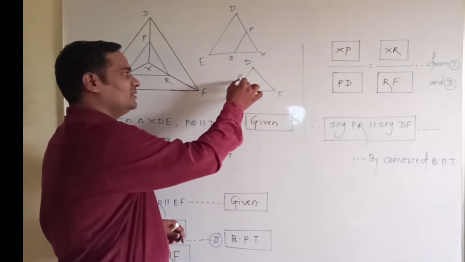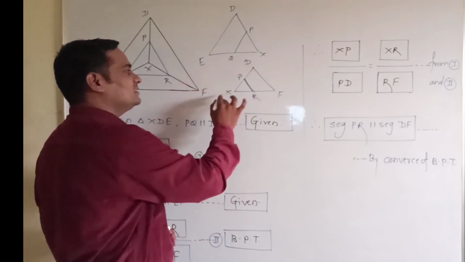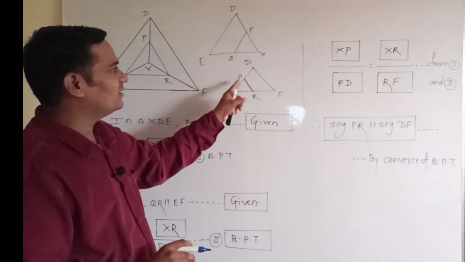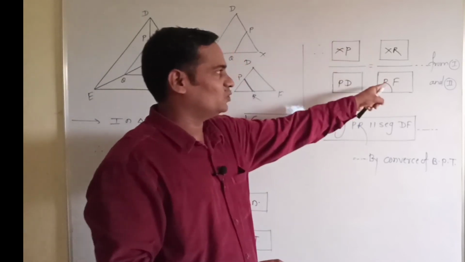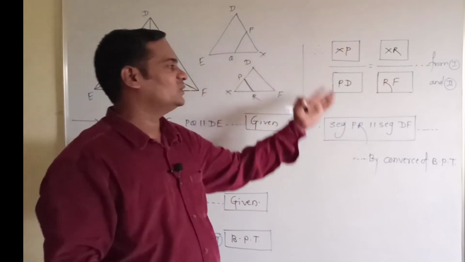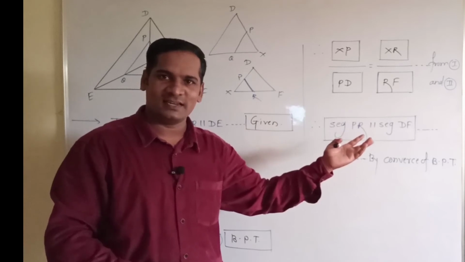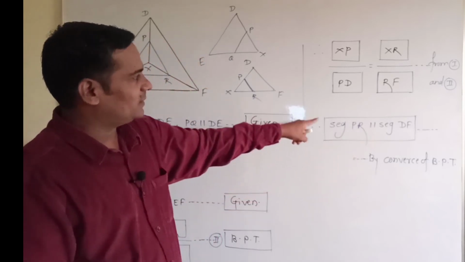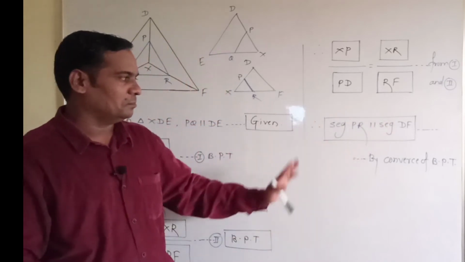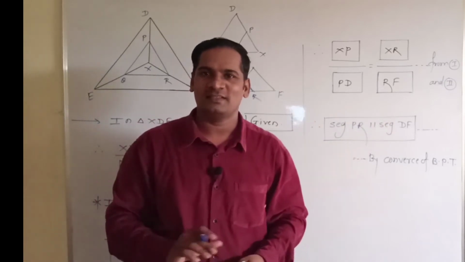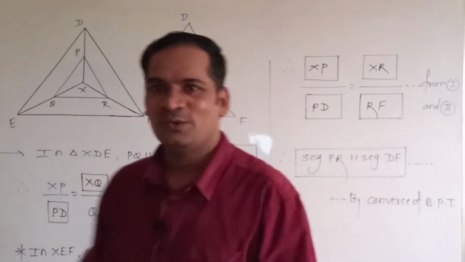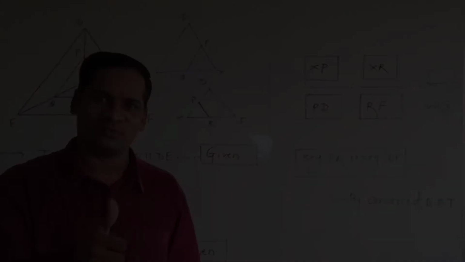That means this line PR divides two sides of this triangle in equal ratios. Now, if such ratios are there, that means this is the converse of the basic proportionality theorem. So, therefore, segment PR is parallel to segment DF by converse of basic proportionality theorem. How simple is this? So, let's move toward the next question.